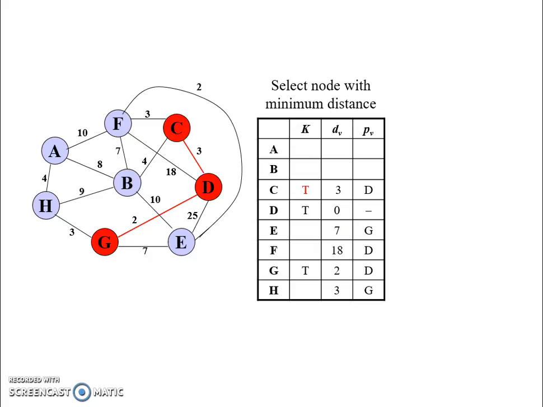Next we have to choose the next node having the lowest cost, which is C, having the cost 3, and change its K value to true. Now we find the immediate neighbors of C, which are F, B and D. Here D is already visited, so we consider only F and B. For F, we already have a value 18, but from C it is 3, so we replace 18 by 3.